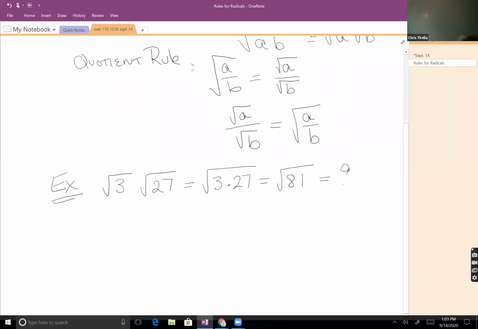Sure, the square root of 81 is 9. Likewise, if I have the square root of 32 times the square root of 2, well, when I take 32 times 2, what do I get? 64. And can I take the root of 64? 8.